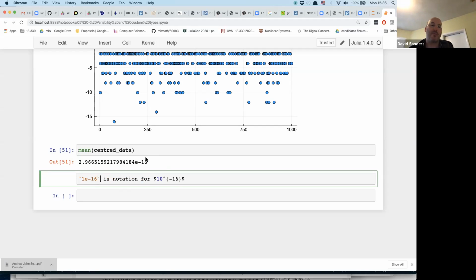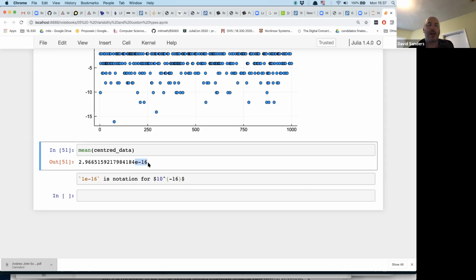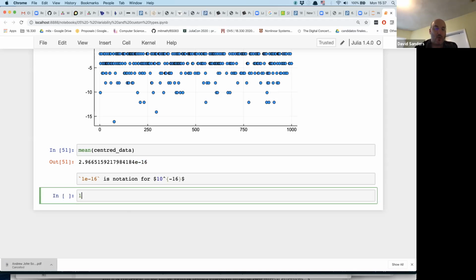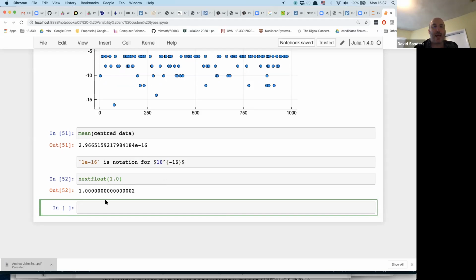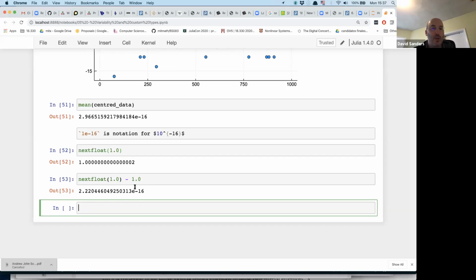So that is, again, because we're using floating point numbers. 10 to the minus 16 is about the size of the difference between 1 and the next floating point number. There's a function called nextfloat. The next floating point number after 1.0 is this one, and its distance from 1 is this number, 2 times 10 to the minus 16.